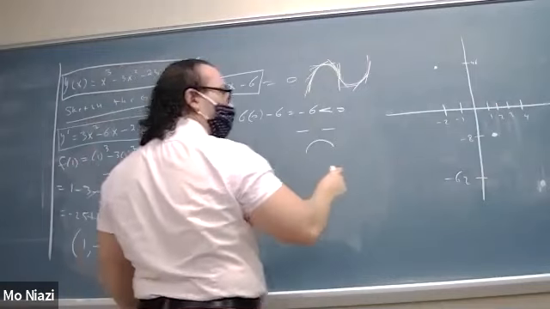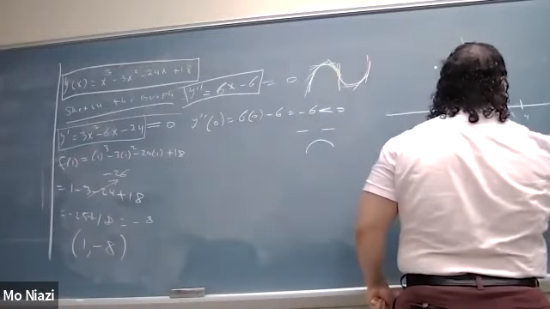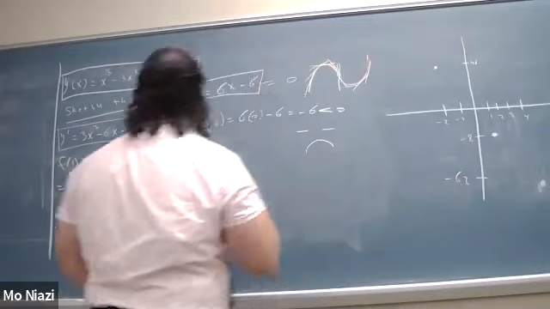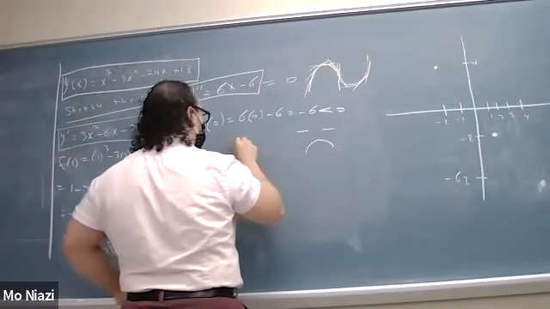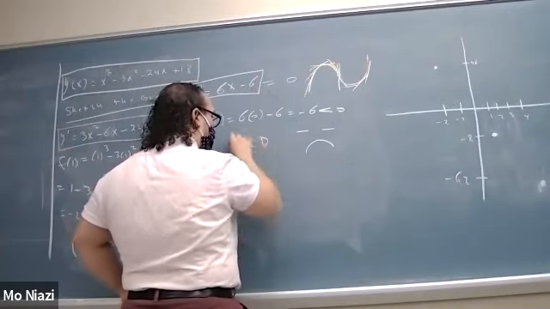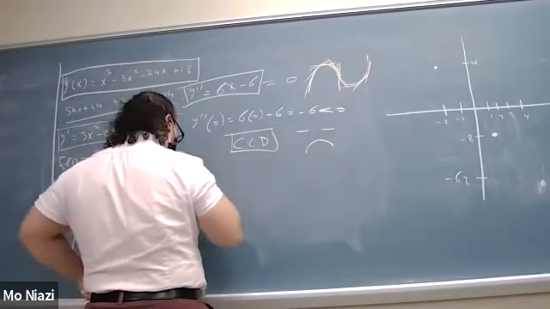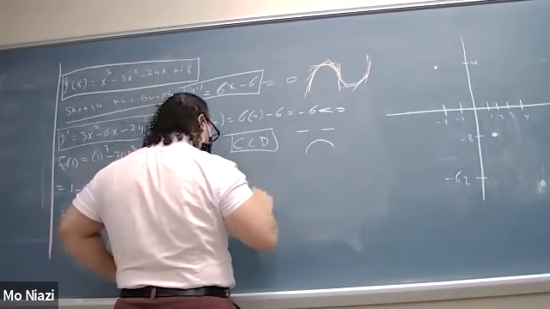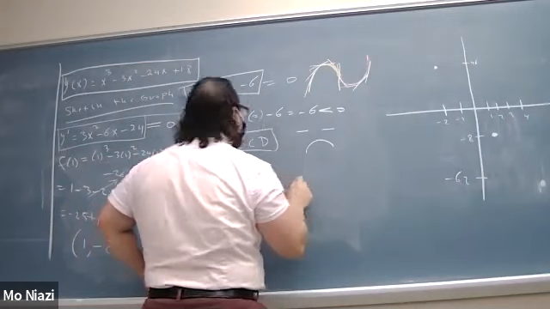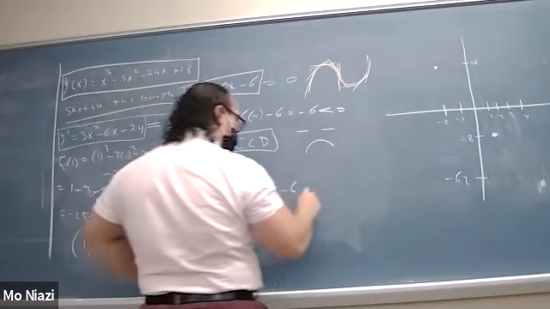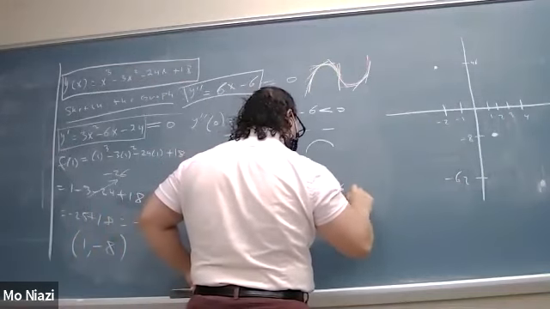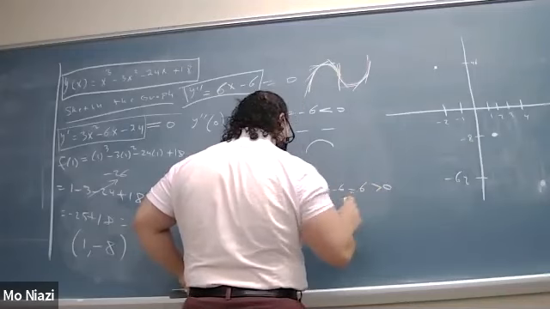Next, what about in between here and here? Let's pick an easy number like 2. What is y double prime of 2? That's 6 times 2 minus 6, which is equal to 12 minus 6, which is 6, which is greater than 0.